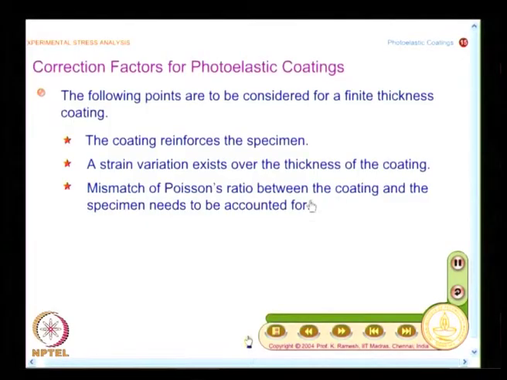So, definitely in problems where you have to tackle or evaluate the loads due to bending or torsion, a strain variation exists over the thickness of the coating, and this needs to be addressed completely.